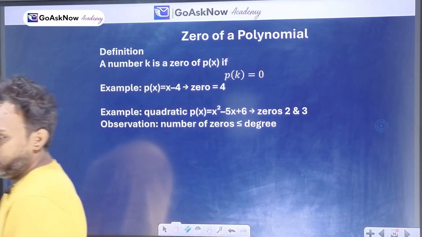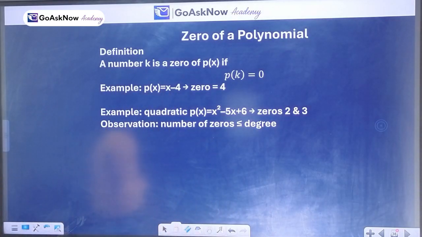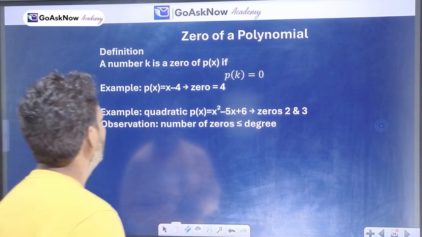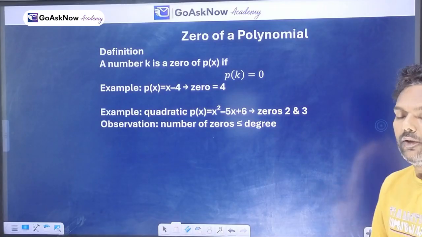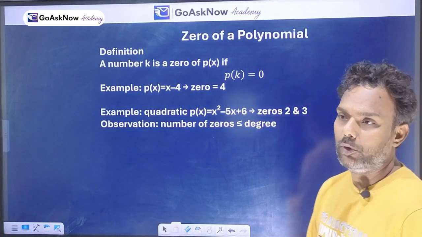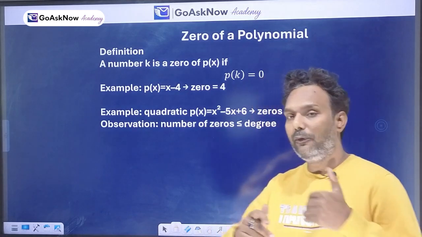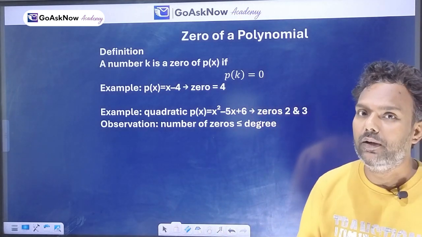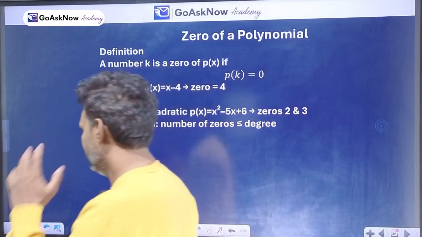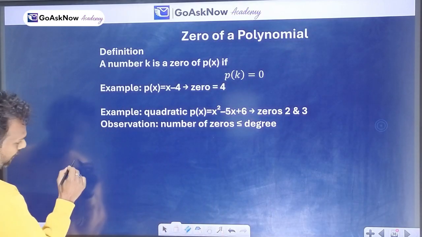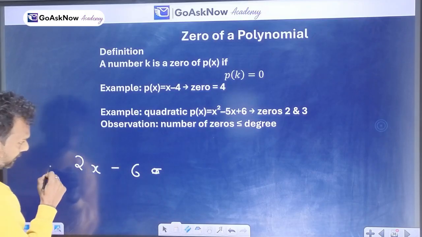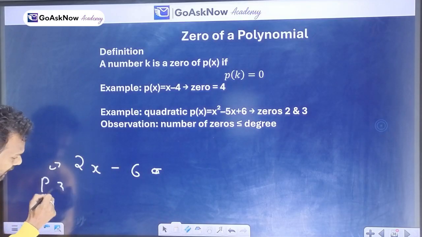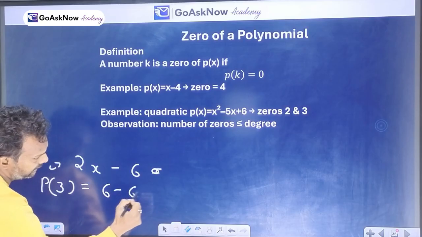What is zero of a polynomial? We say a number is a zero of a polynomial if after solving for the given number we get the answer equal to 0. Suppose we have P(x) equal to 2x minus 6, and when we find P(3) we get 6 minus 6, it's 0.